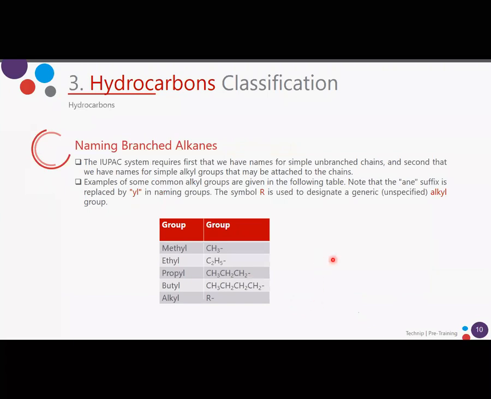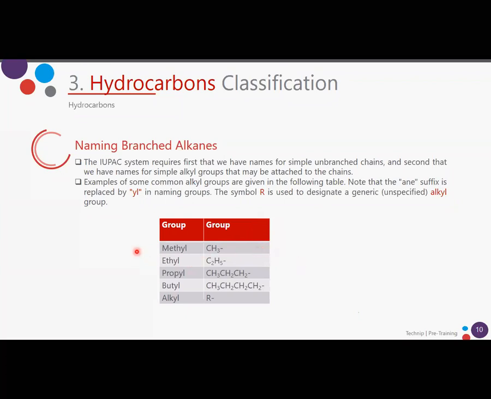The alkyl groups that we saw before with the branched alkanes are named in this way. From the alkane, you replace the "ane" suffix by "yl". So methane will be methyl, of course with 1 hydrogen less than methane, that will be attached to another carbon atom or another compound.